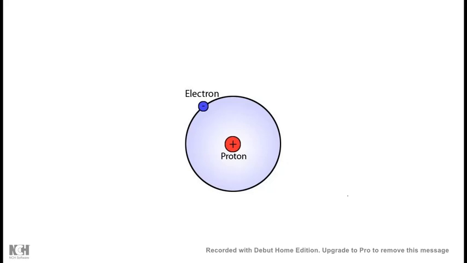And to start us off, you see on the screen there we have the classical Bohr diagram of a hydrogen atom, which is a single proton at the nucleus with an electron supposedly circulating around it in orbit or in an orbital.